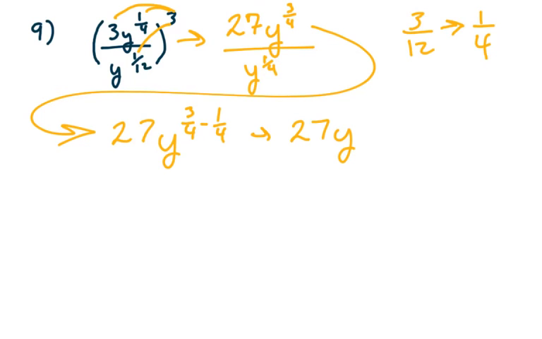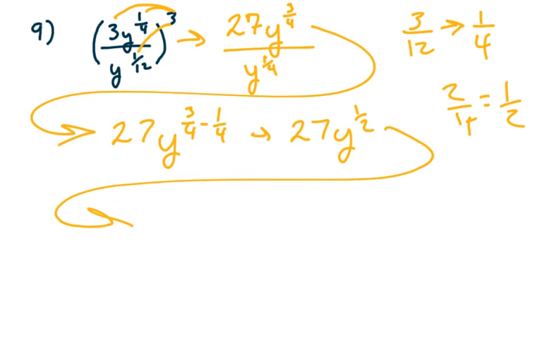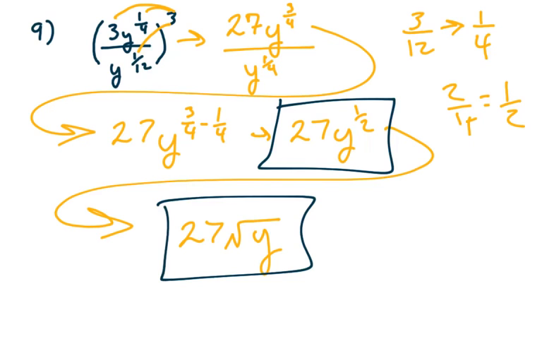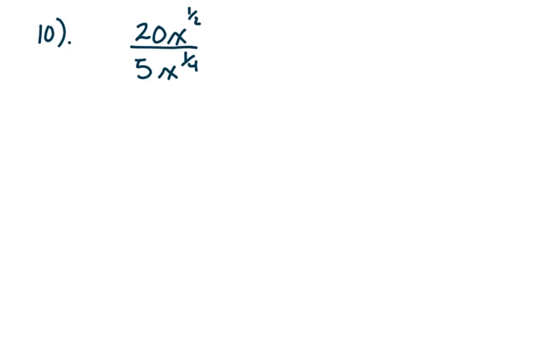Well, that's 2/4. What's 2/4? That is 1/2. Okay? So again, you can also write this, if you wanted to, as 27 and the square root of y. I would accept either one of these answers.